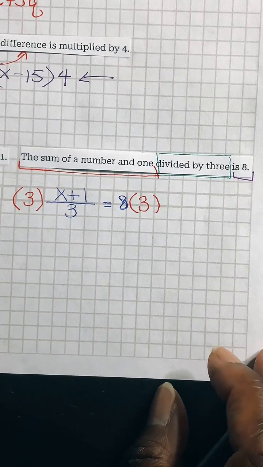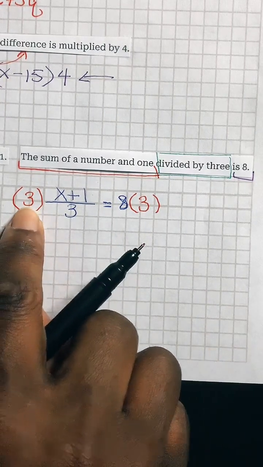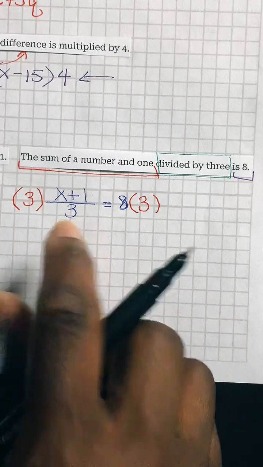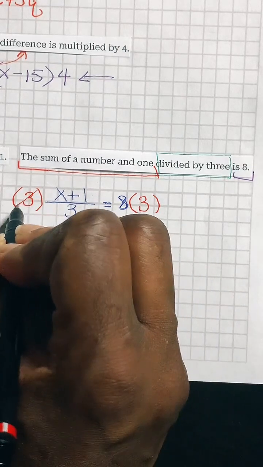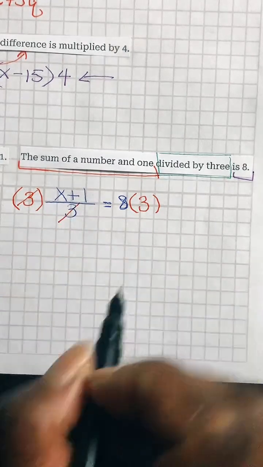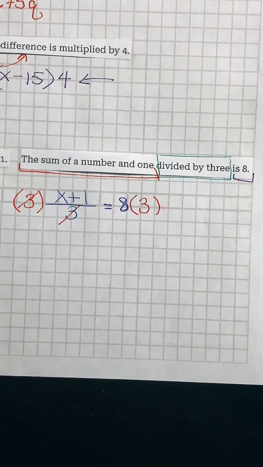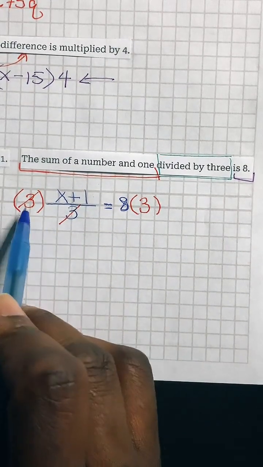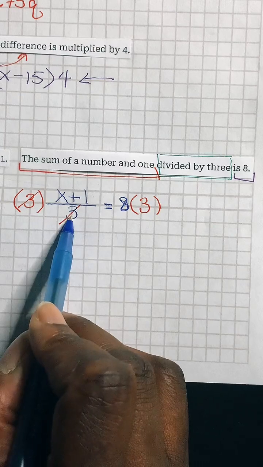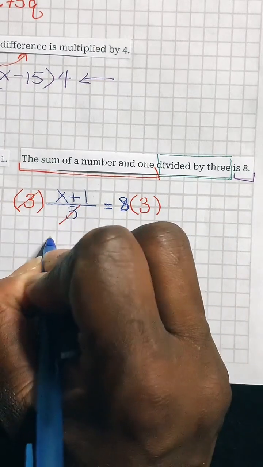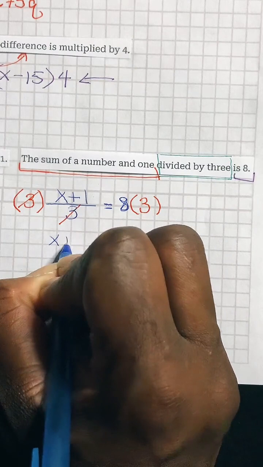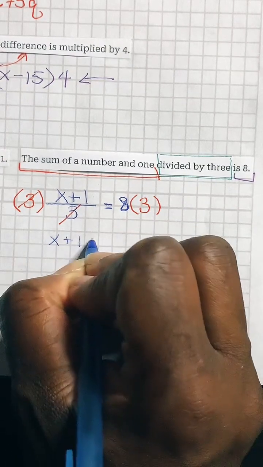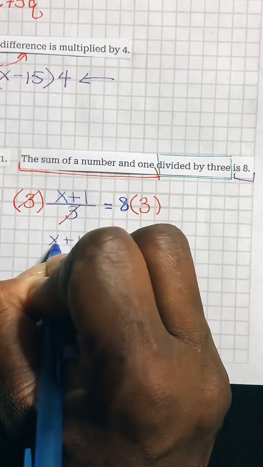So anyway, we have 3 divided by 3. That gives me 1. So what's left when we do 3 divided by 3? What's left is x plus 1 equals what?